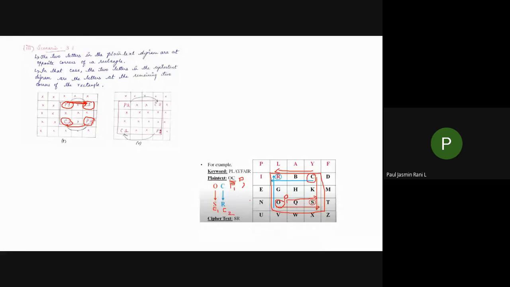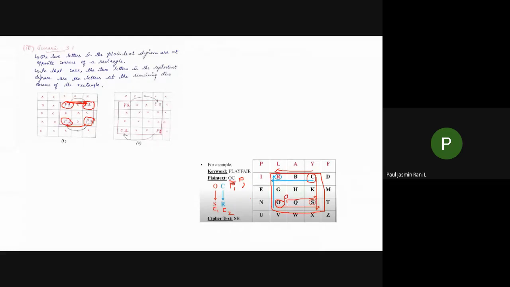So when your plain text letters are not in the same row or column, you have to form a rectangle and take the letters from left to right and from right to left, not from top to bottom. You should not consider that. Only consider left to right and right to left. These are the only three cases.